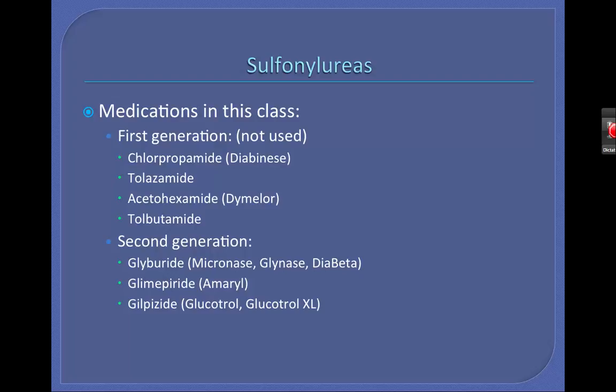So the first line choice for monotherapy is metformin, especially with obese patients. Sulfonylureas are the first line choice for monotherapy especially with lean patients. So the first line choice for patients who are obese is metformin.